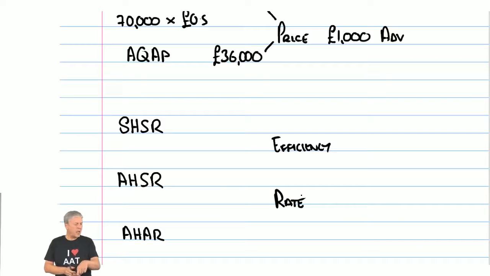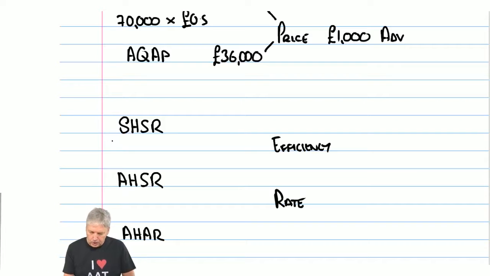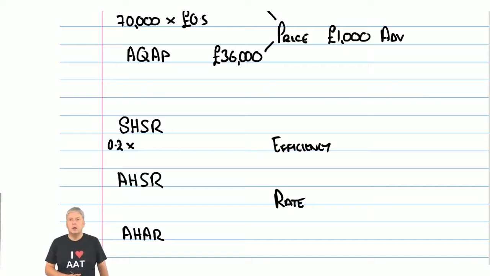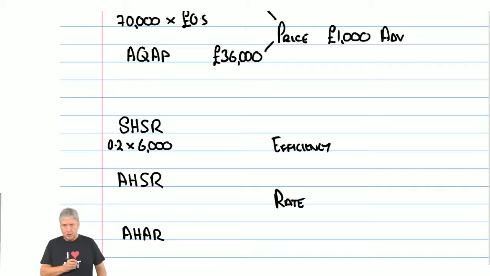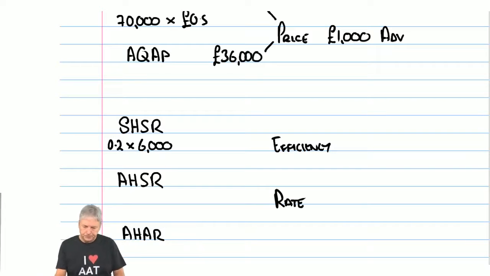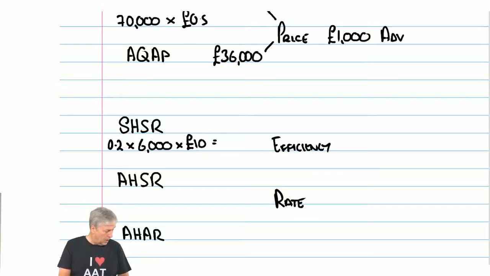The standard hours, we expected to use 0.2 hours per unit of the actual output. And if you remember, we said that the actual output was 6,000. Look back at the box if you wish. We multiply by the standard rate, and that's 10. And what we end up with here is 12,000.